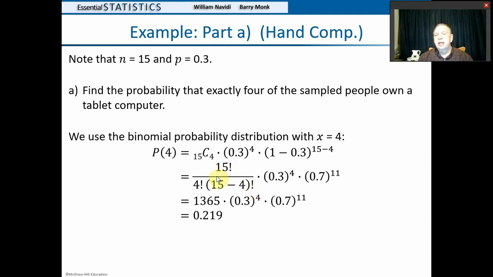And then this would simplify out. 0.3 is the probability of success. Exactly 4 of those are successes. The rest, 15 minus 4, which is 11, are the failures. Those are the 1 minus p, which is 0.7. So the probability of exactly 4 would be 0.219.